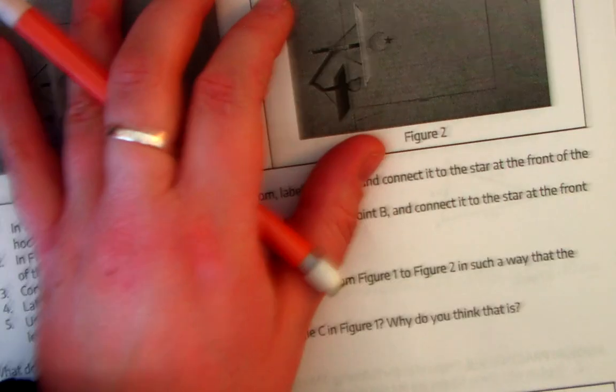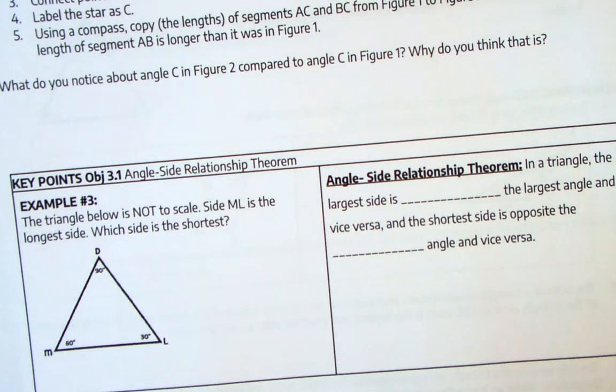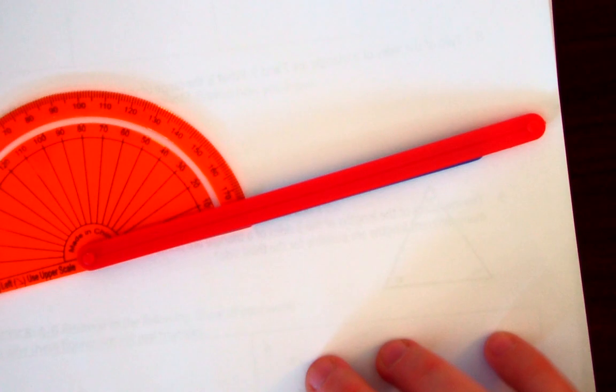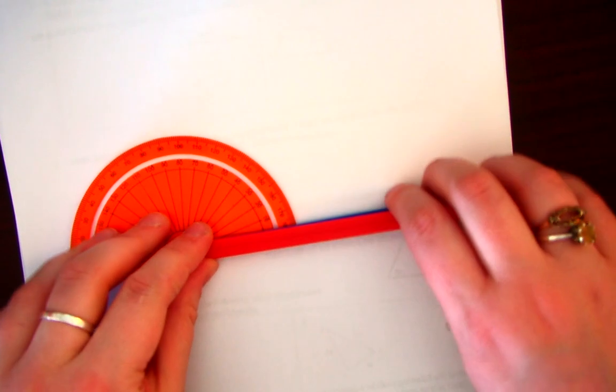And then in class we did more about basketball, and what we discovered in basketball was kind of this idea. What we're going to get into now is the relationship between angles and sides in triangles. I want to show you something. Let's say I have two sides.